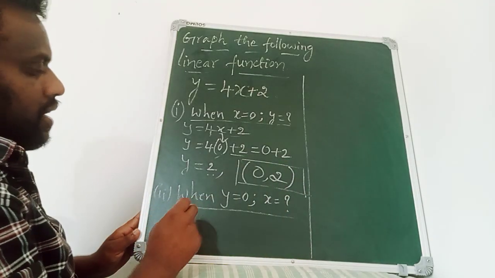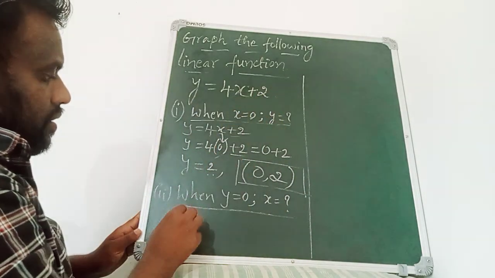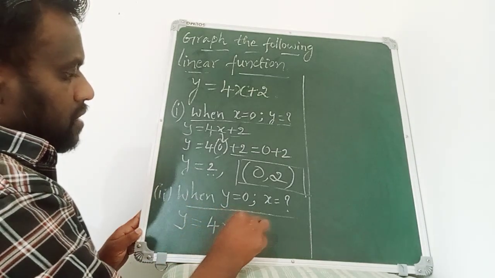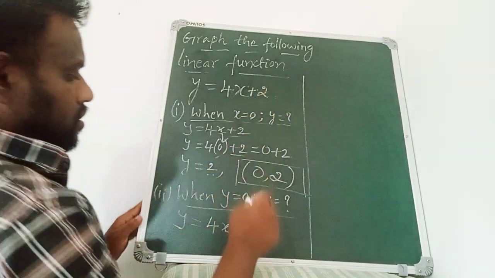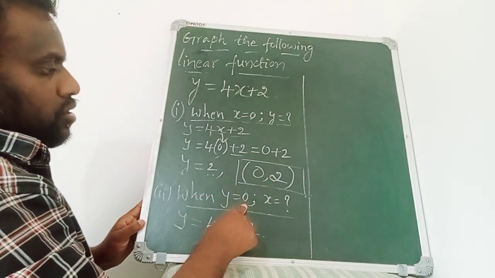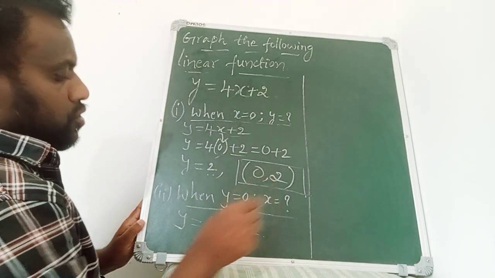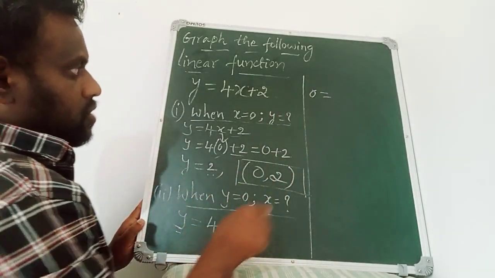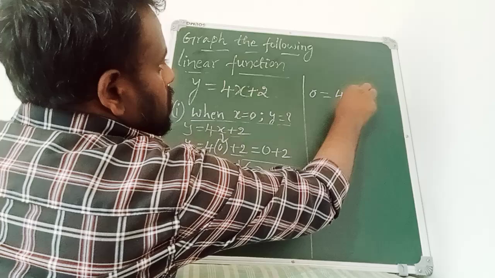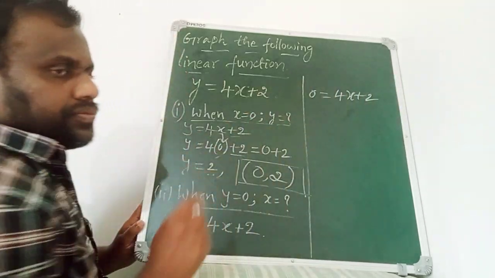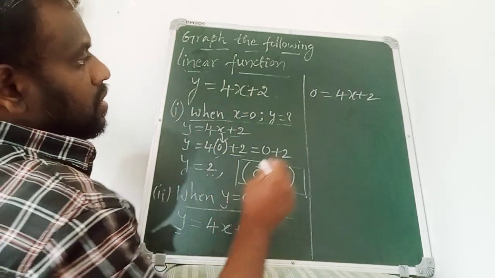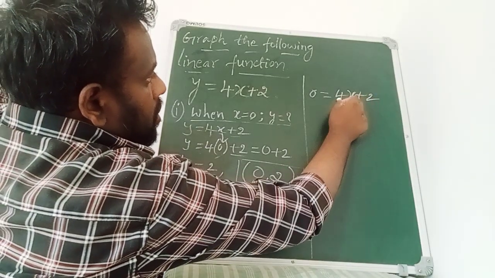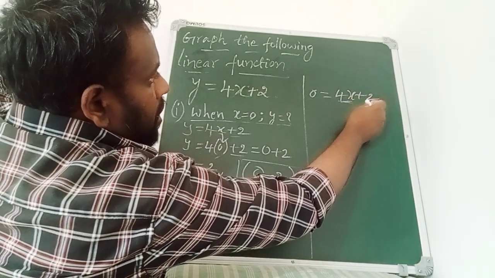Next this case, I will take first equation, you write y is equal to 4x plus 2. Next here, they are telling when y is equal to 0. Substitute y is equal to 0. In place of y, 0 is equal to 4x plus 2 as it is. Next, we need to find x, right? So keep x term here only.